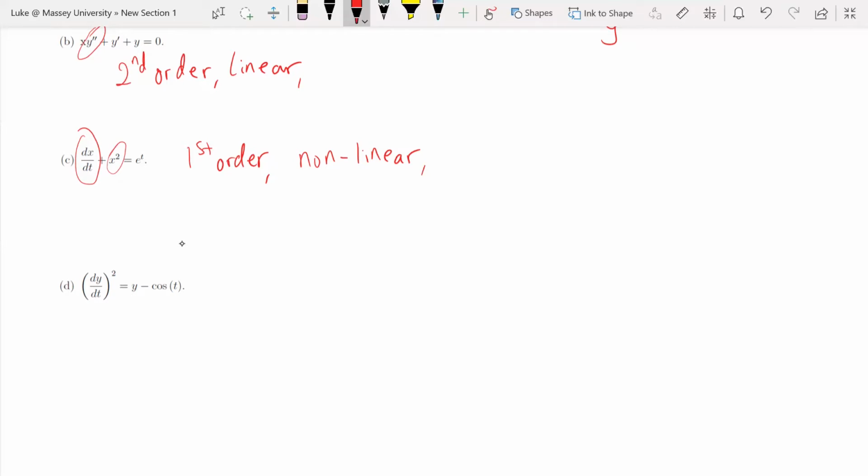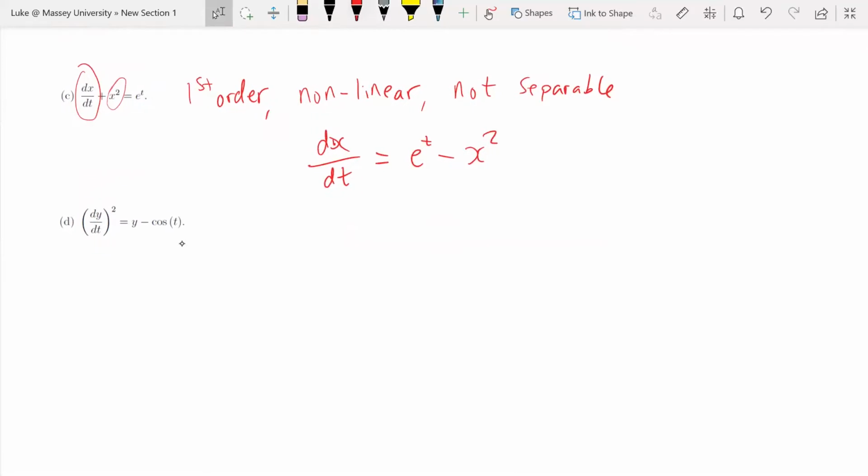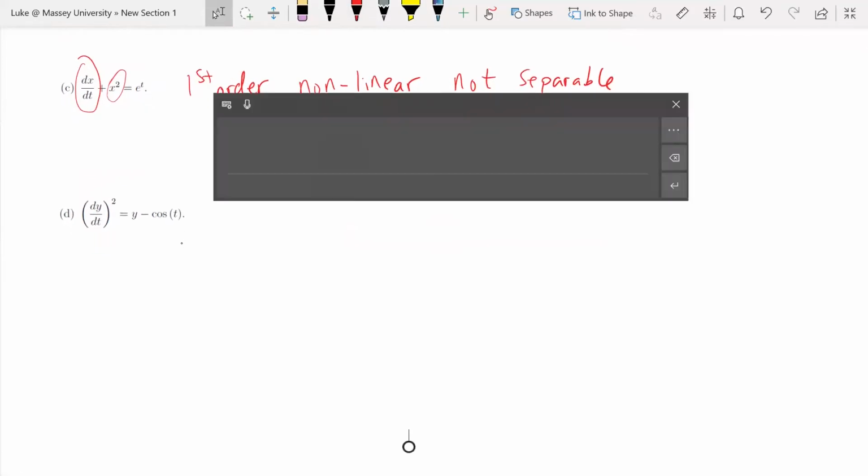It is also not separable, because if I take all the terms that are not derivatives to the right hand side of dx by dt, there's no way I can separate this equation to have all the x terms on the left and all the t terms on the right. So it's not separable.